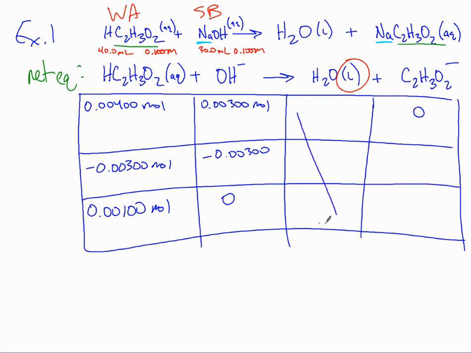Again, we're ignoring the water. We produced some acetate in all of this. So we produce one acetate for every one of those things over there. So it's going up by 0.003 moles.